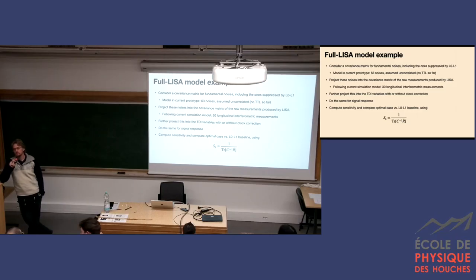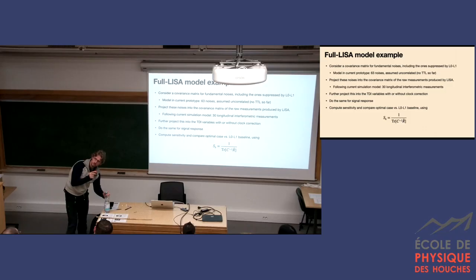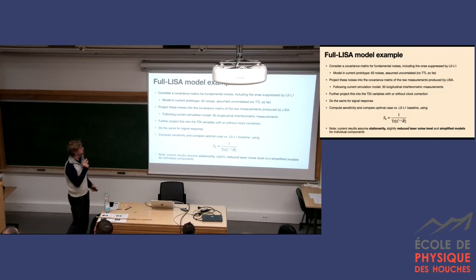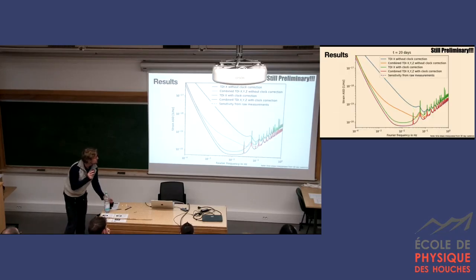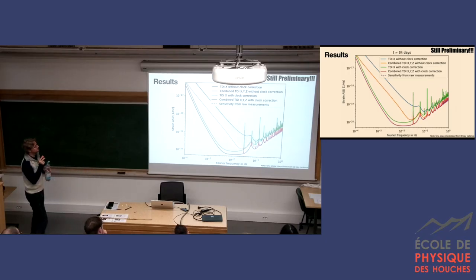Okay. And in the plot you showed, without zooming in on the higher frequencies, it looks like the clock correction is making a huge difference, and with it you don't get a lot of variation. The red curve is not changing much.